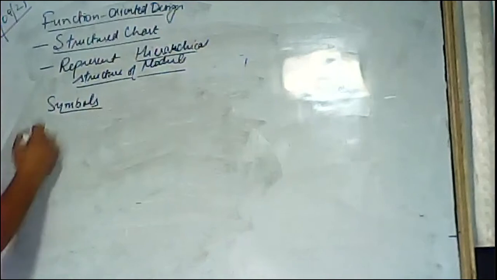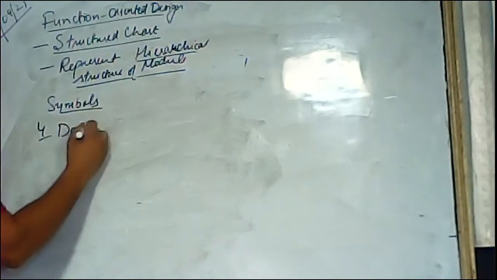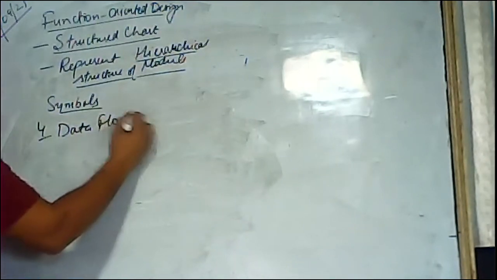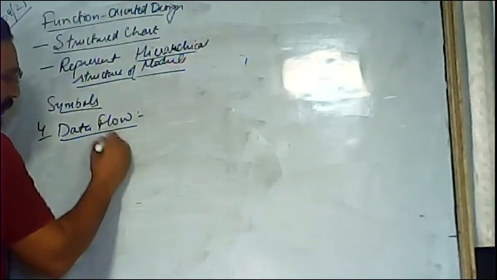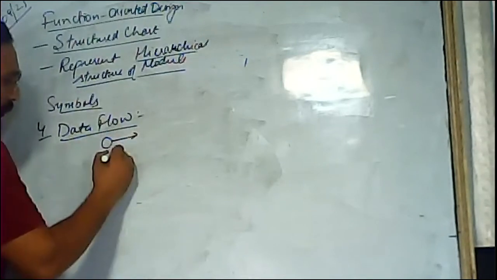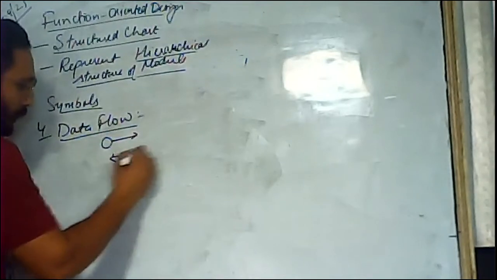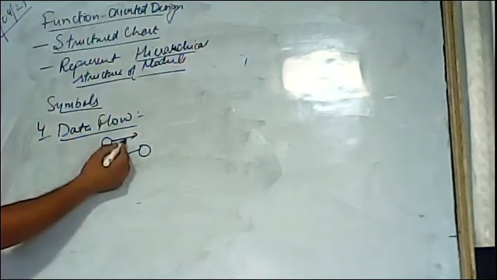The next symbol used in your structure chart is data. The data symbol is denoted as an arrow with a circle.